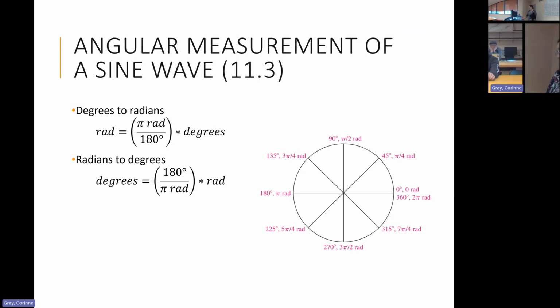This textbook is typically going to give us stuff in terms of nice angles. So we'll see a lot of 30s, 45s, 60s, and their counterparts in the other quadrants as well. Not every textbook does this, but this one's kind of: if you can do it for the nice angles, you can probably do it for the not so nice angles as well.